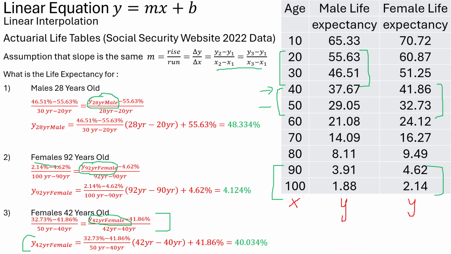I have a second point of 50 years and 32.73%. And my third point is what I'm trying to solve for, 42 years, and what we solved for was 40.034%. So you have these 3 points, one of which you have a component that you're solving for. That's all linear interpolation is looking at.